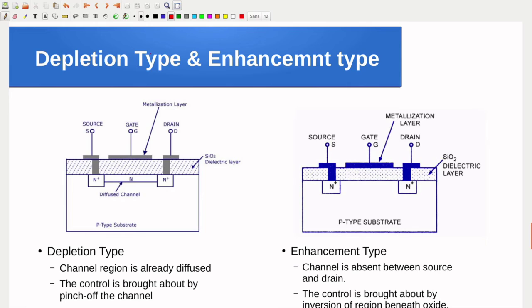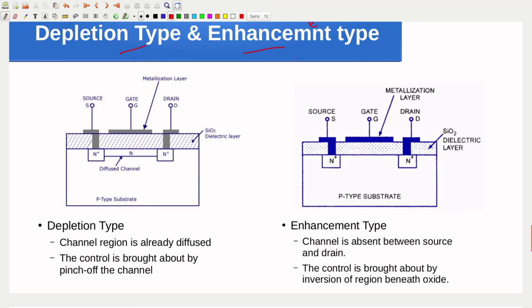Now, there is another classification possible in case of the MOSFET, which is the depletion type MOSFET and enhancement type MOSFET. There is an E missing here. Depletion type MOSFET and an enhancement type MOSFET. In this classification, the difference can be explained from the figure.